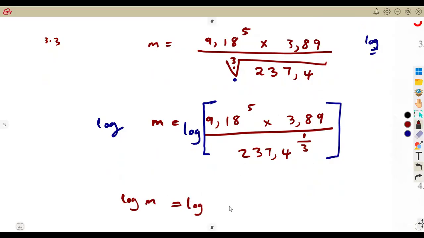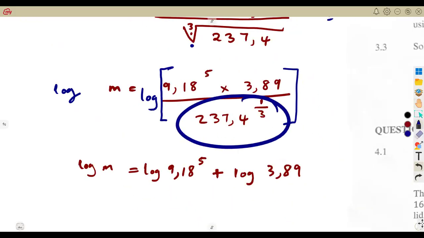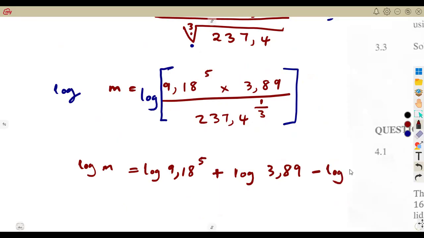So it's log 9.18 to the exponent of 5 plus log 3.89. You are multiplying numbers, so the logarithms are being added. There is a division. So what does it mean? You are subtracting the logarithms there. Log 237.4 to the exponent of a third. That's it.